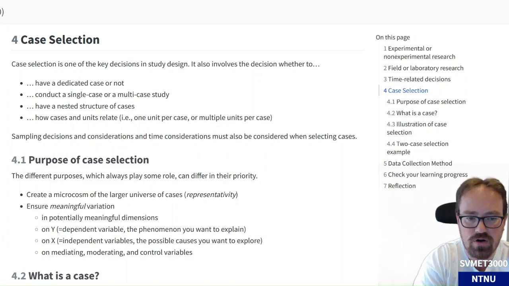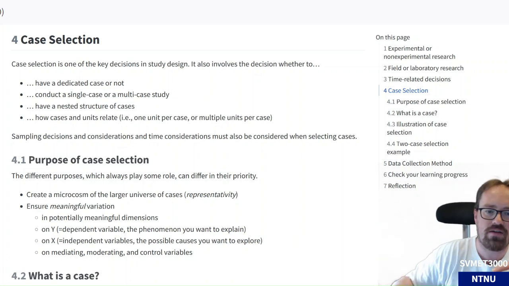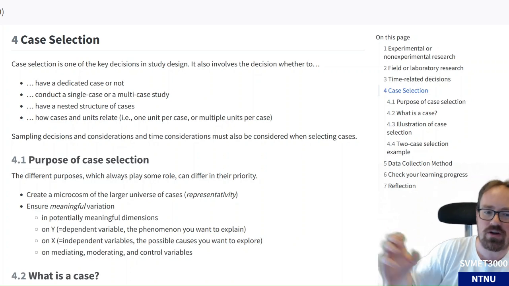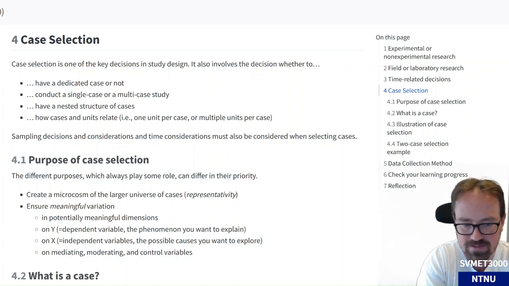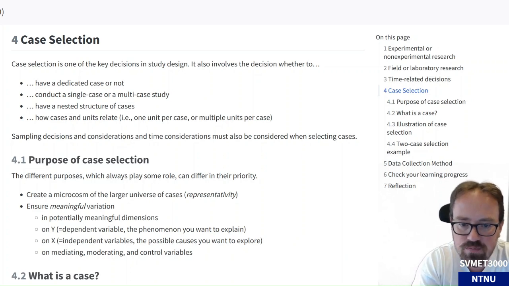So you measure at the unit level, but not necessarily at the case level. You may have several units for one case and they all have their measurements. And if I want to say something about the cases, I need to aggregate the units to the case in some way.